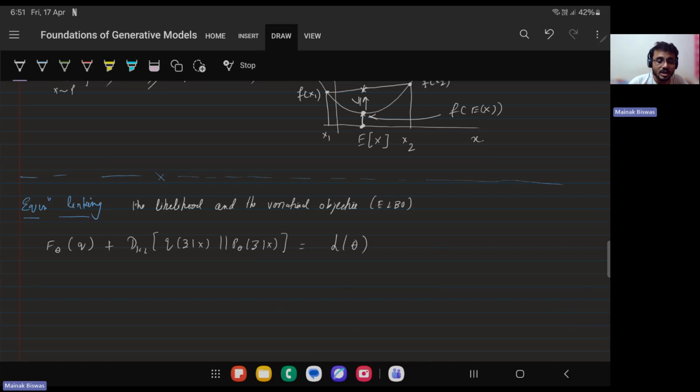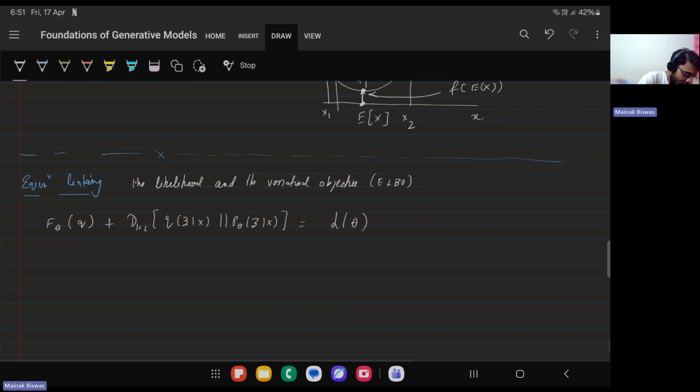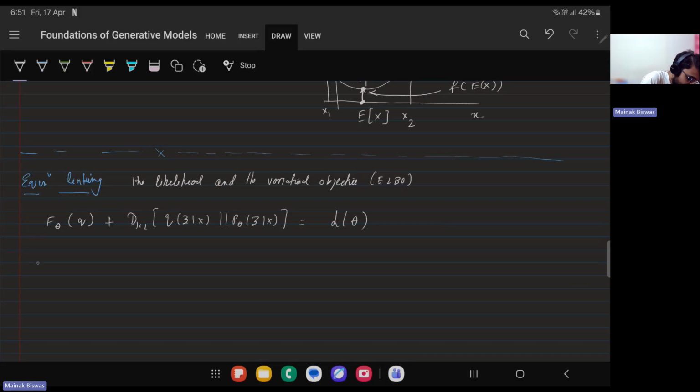So now recall the quality of the KL divergence. In KL divergence, what can I do? I can set that if q(z|x) is equal to p_theta(z|x), then D_KL is equal to 0, and I have F_theta(q) is equal to L_theta.